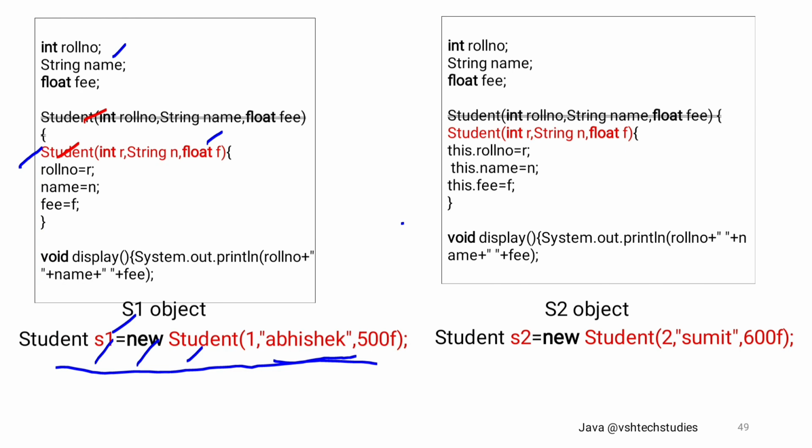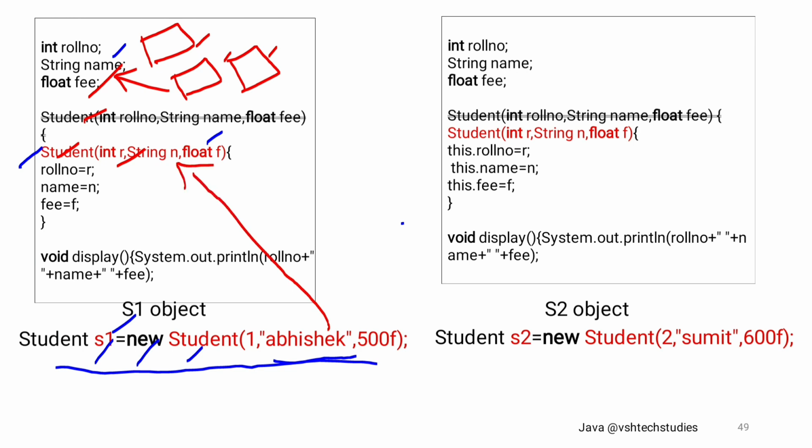So in the formal parameters, the names taken are different. These are the variables. How many fields are there? 3: one data field for roll number, another for name, another for fee. These instance variables are those fields. Now when we pass the parameters, R is copied with 1, N is copied with the name Abhishek, and F is copied with the fee value 500. The code of the constructor is executed.